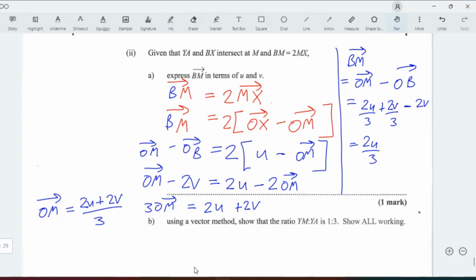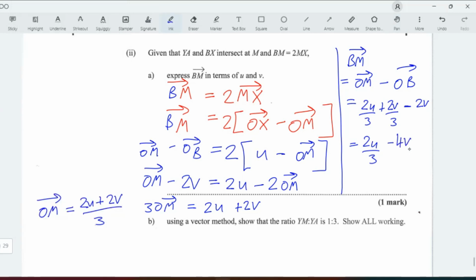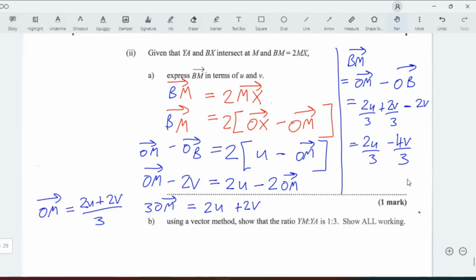You can always just take out your calculator, can't bother to stress yourself. That's minus 4V over 3. That's what we got. Nice. So minus 4V over 3.